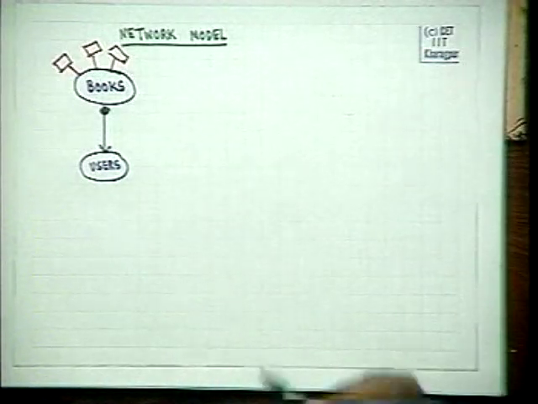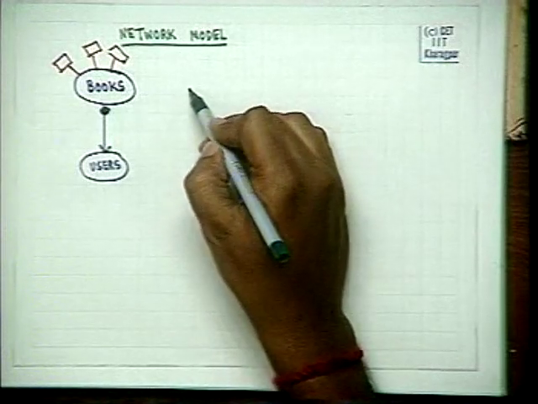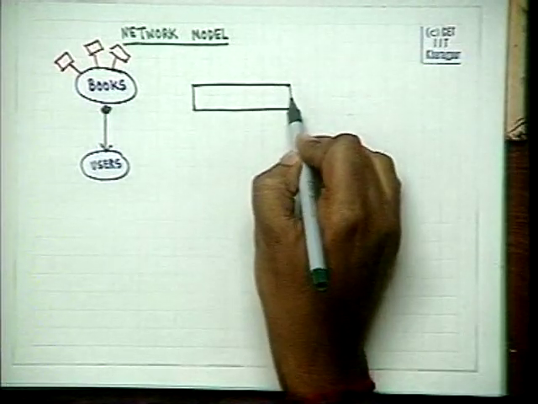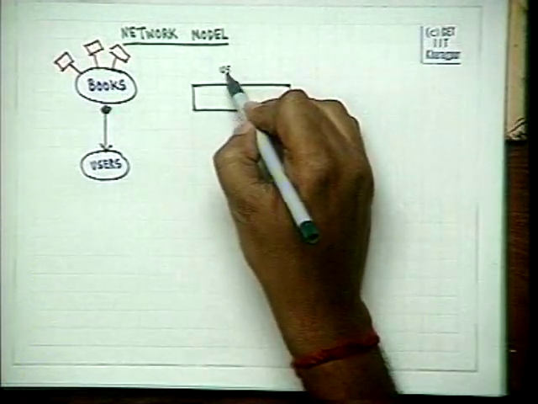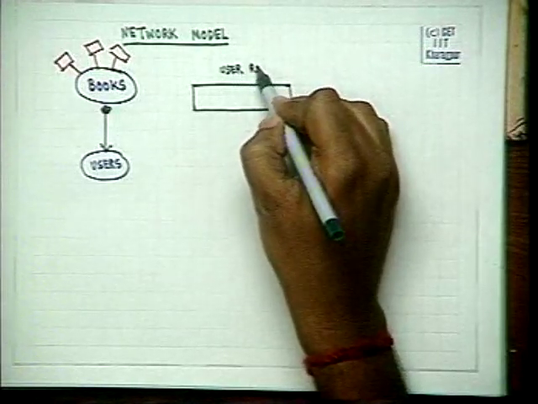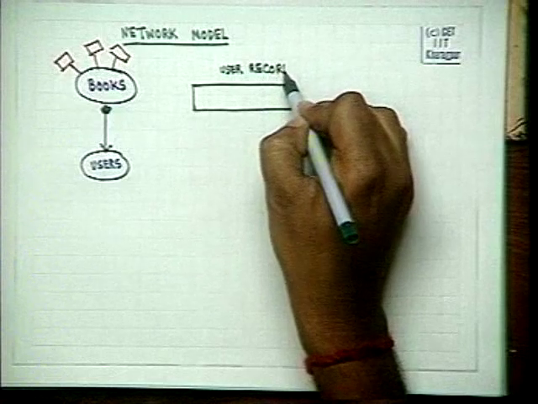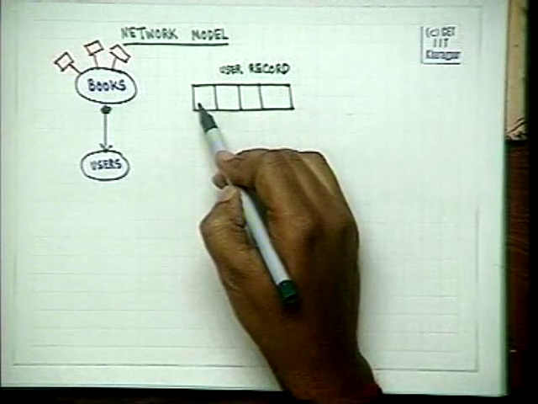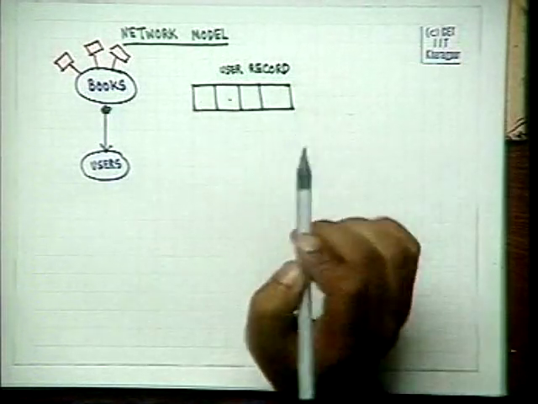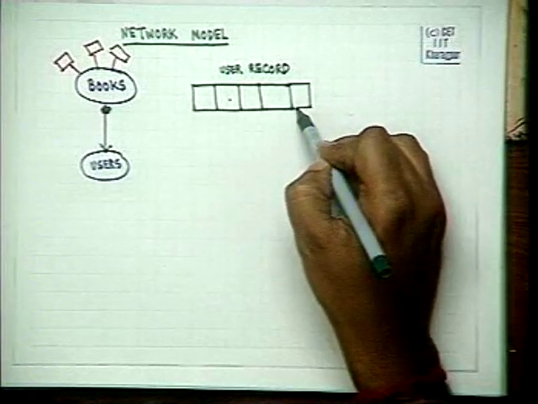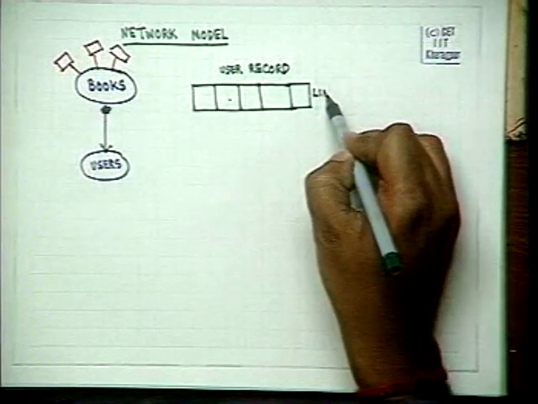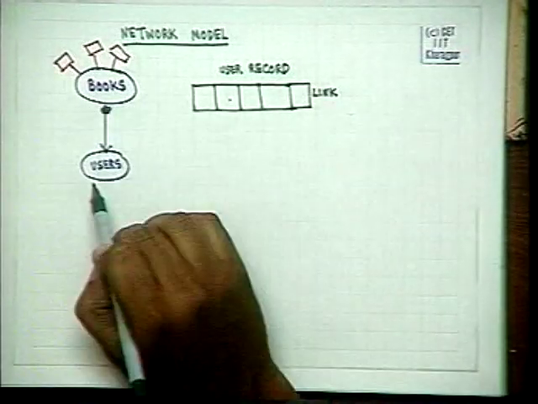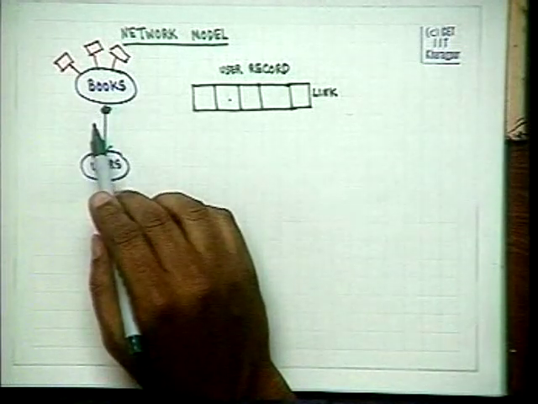And how is it going to look like in the network model? In the network model, let us take a particular user. This is a particular user record. It will have many fields. These are fields corresponding to the card number, name, etc. There will be a link field which will link this up to the books, the record corresponding to the books.